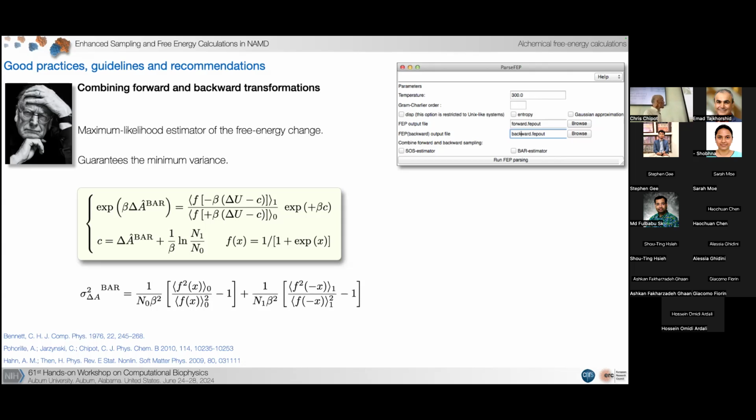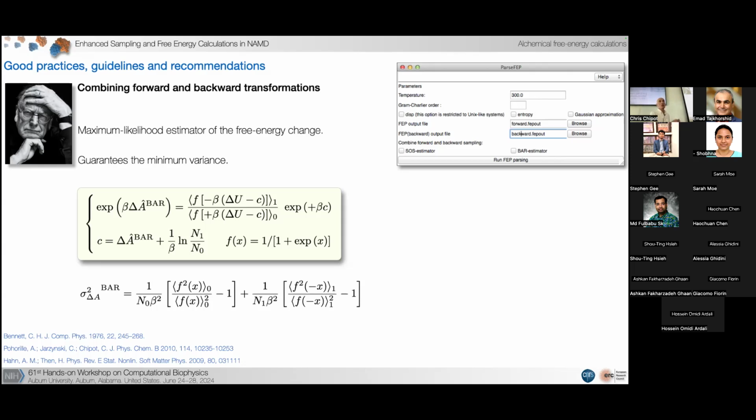So you have to solve this set of equations. Please note that you don't know what delta A BAR is, neither do you know what this coefficient C is. So this has to be solved self-consistently, but you can prime the process, replacing delta A BAR by the FEP estimator.